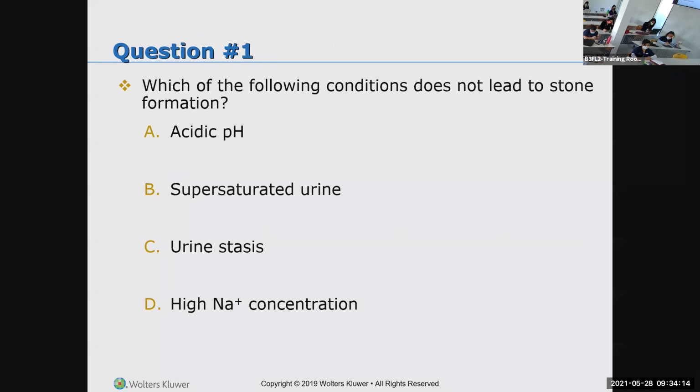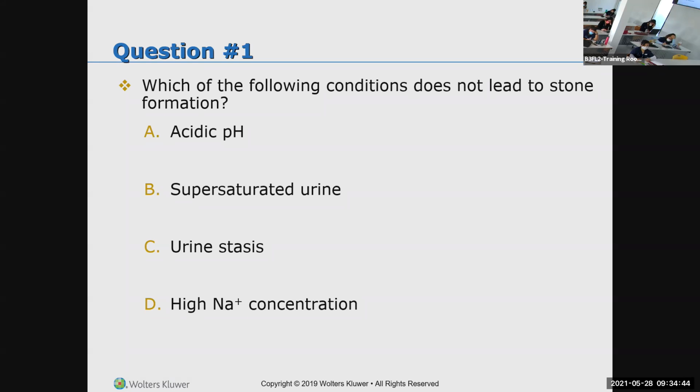All these factors, except one, please remember: A, B, and C, these three factors predispose to stone formation. Except the last one over here, which is a high sodium concentration. If I eat too much salt, it's not going to help in the development of stone.